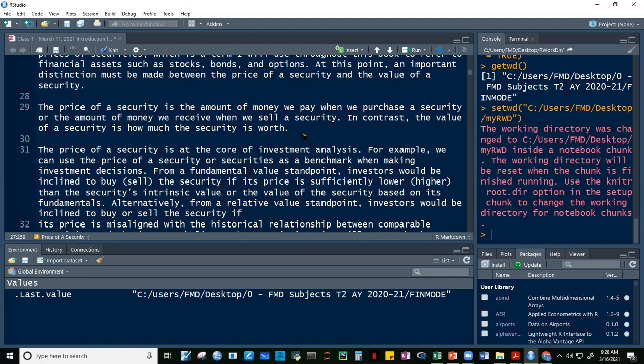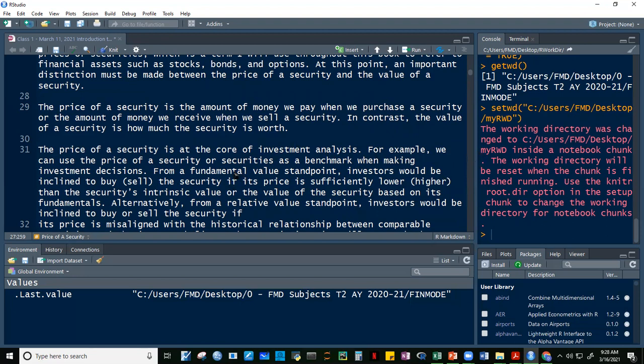So there's a thin line in the difference. The price is the money that we pay to purchase the security, while the value is how much the security is worth. Because we may have paid for it, that's the price, but its value could be different from the price. The price of a security is at the core of an investment analysis.